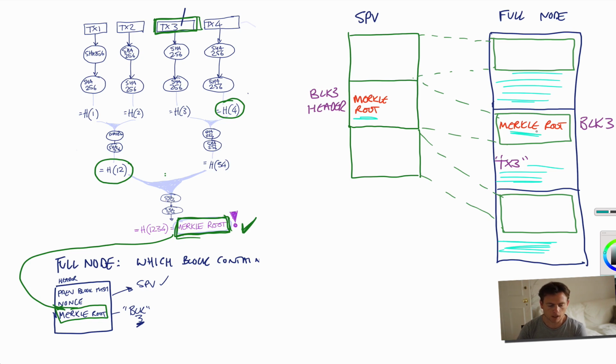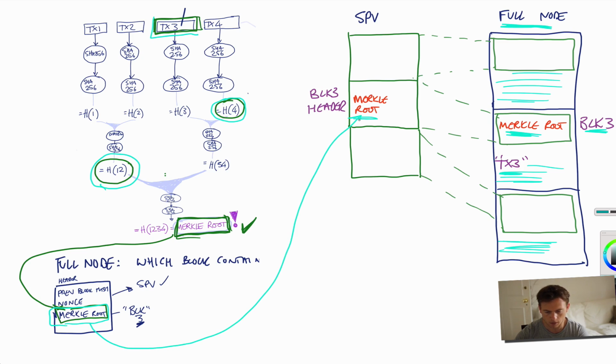We're now talking about how the full node can prove to the SPV that TX3 was indeed part of block 3 just by providing the Merkle information about the Merkle tree. By providing this number here and this number here, the SPV can prove to itself that TX3 has to be part of the underlying transactions that were used to create this Merkle root.